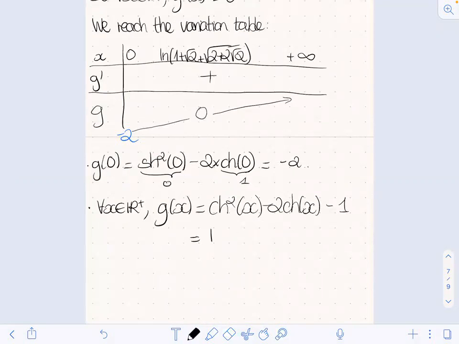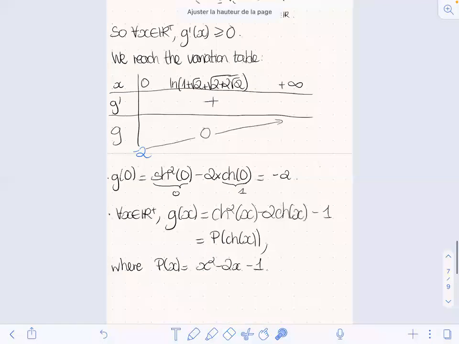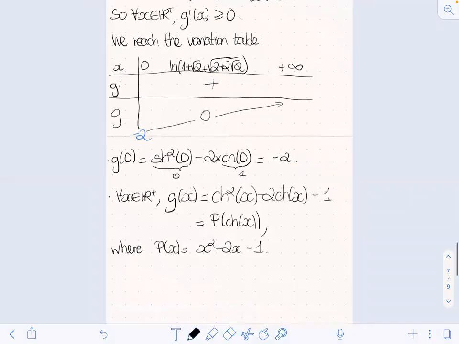That's equal to p of ch of x, where p of x is equal to x squared minus 2x minus 1. Okay, so g of x can be written as a composite function. So it's a polynomial applied to ch of x. And now we should be able to compute a limit. So if we take a look at plus infinity for p of x, what value does the polynomial go to at plus infinity?